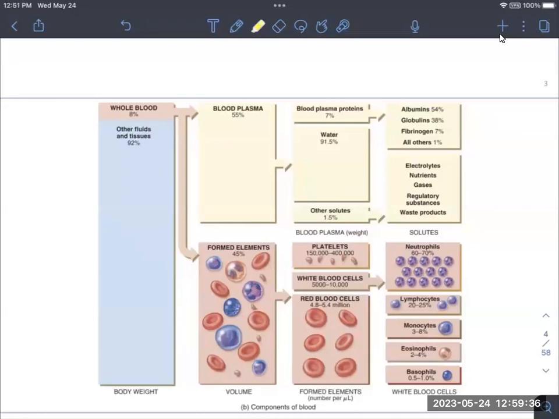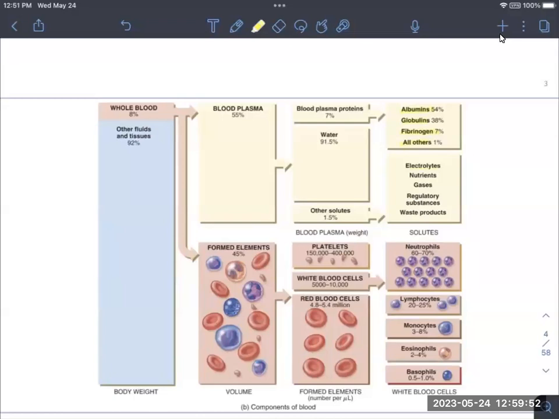That plasma has proteins, water, and other solutes, as we looked at on the slide before. If we start looking at what some of these proteins are, we have albumin, globulin, fibrinogen, and then there are other ones found in there, but in very small amounts. We have that water, and then other solutes.